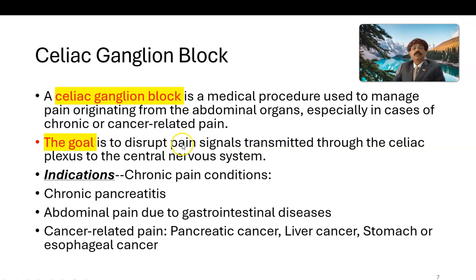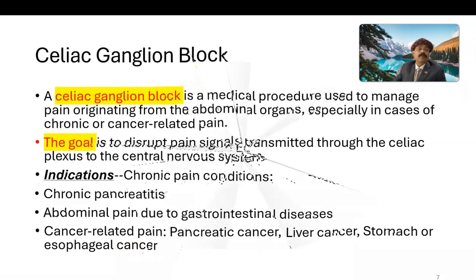The goal is to disrupt the pain signal transmitted through the celiac plexus to the central nervous system. Indications: chronic pain conditions, chronic pancreatitis, abdominal pain due to gastrointestinal diseases, and cancer-related pain, such as pancreatic cancer, liver cancer, stomach or esophageal cancer. Okay.